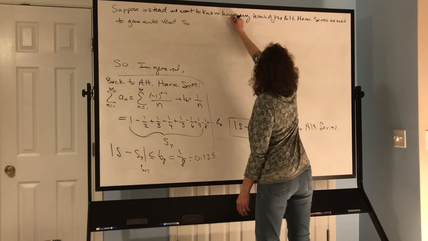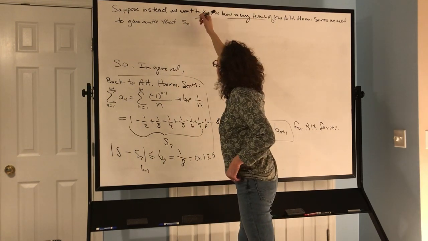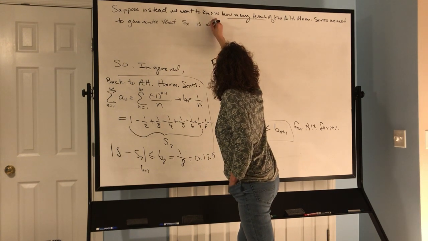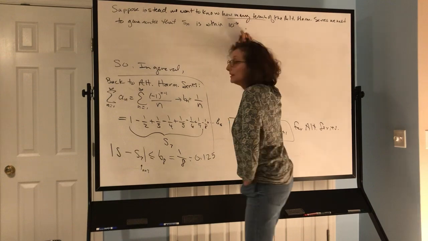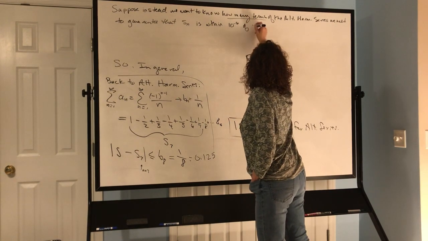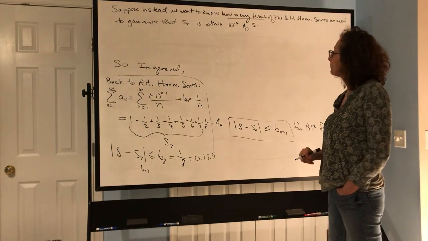That's what we're asking. How many terms? What should n be so that the nth partial sum is within 10 to the negative 6 of the actual sum, which we don't know?